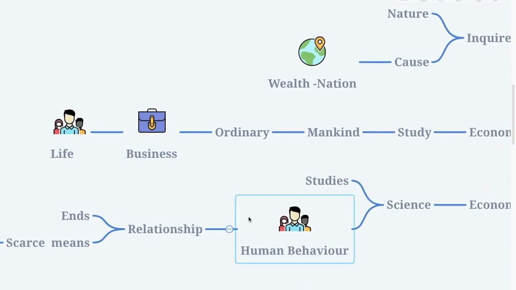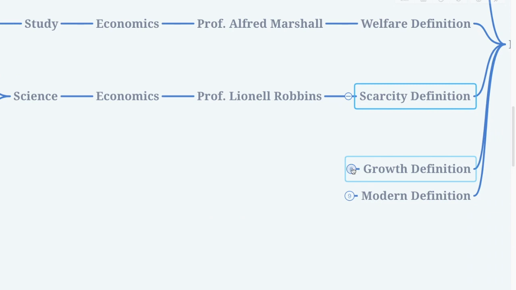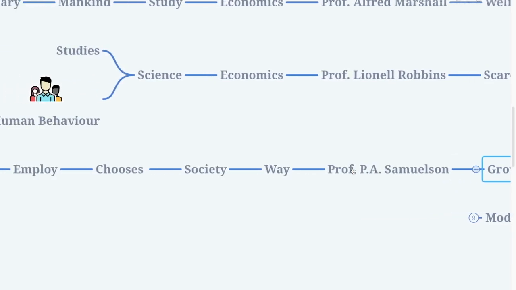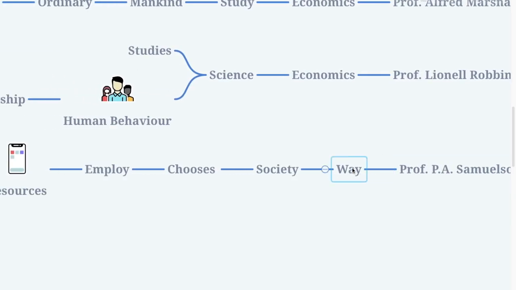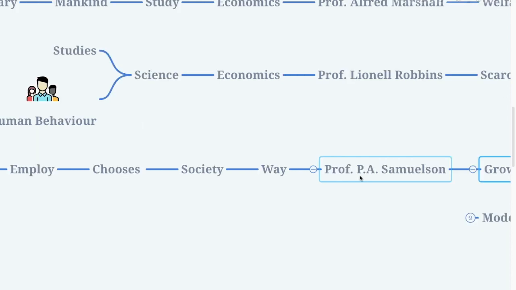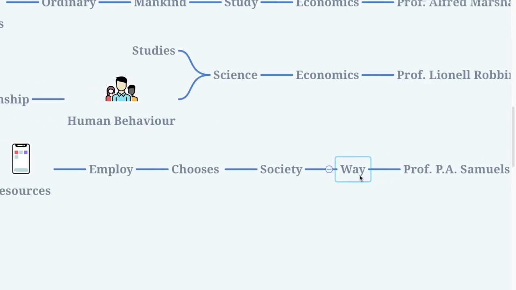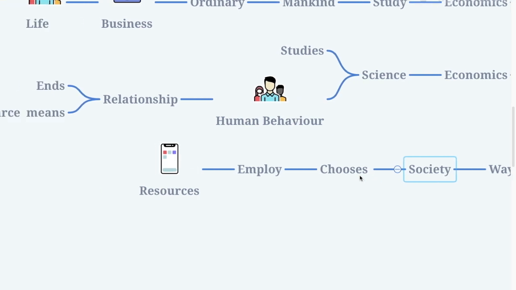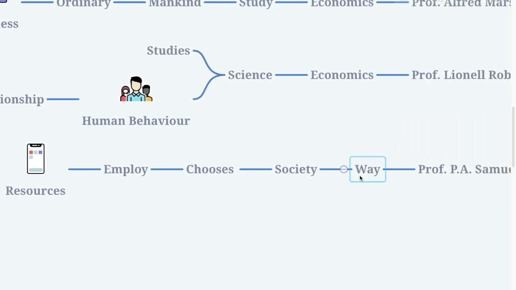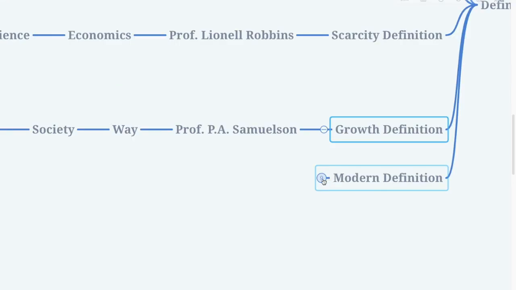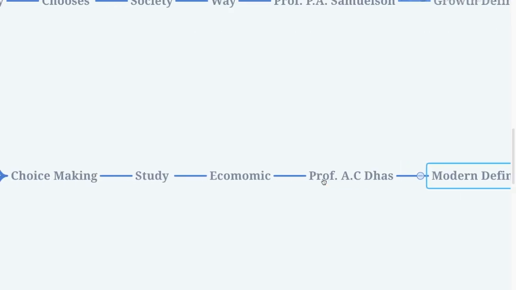Just remember these few words, because when you learn the definition from your textbook, it will be very helpful. Moving along, the growth definition. Professor P.A. Samuelson says economics is a social science concerned with the way society chooses to employ its resources. The way society uses its resources. Modern definition is given by Professor A.C. Das.